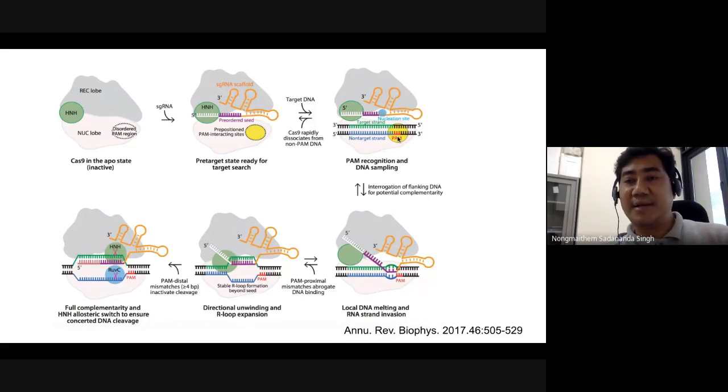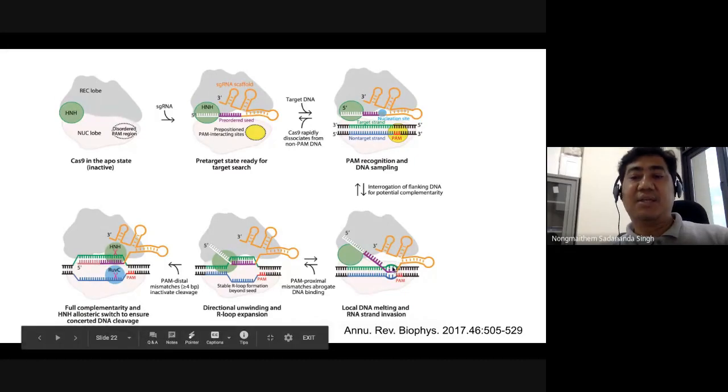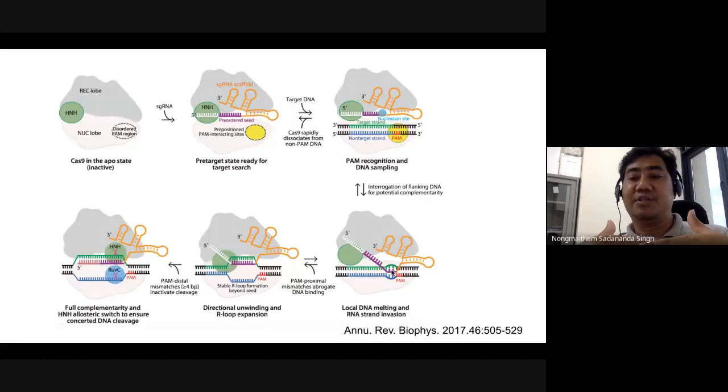Whenever it sees the NGG sequence, it will recognize that there is a PAM sequence. Then, once it recognizes it, this complex of Cas9 and the guide RNA, or crRNA complex, aligns and searches whether there is any complementarity in the nearby region. So next to the PAM, if there is a complementary sequence, it invades the strands of the genome. More importantly, this one is the DNA attacking one.